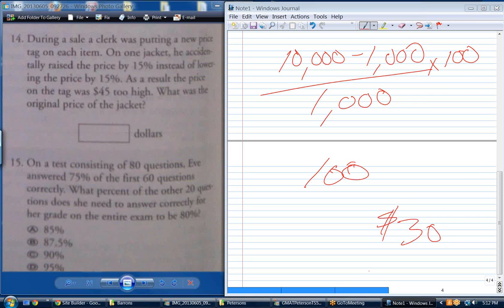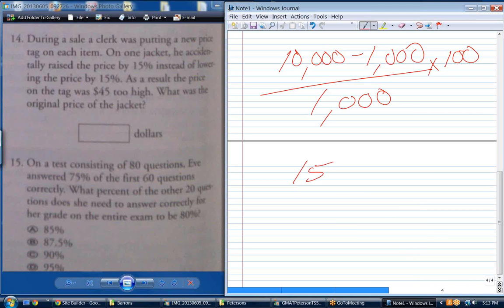So we need to go higher. If it was 200, it would be $60 too high. So what do you figure the price is going to be where it'll be exactly $45 too high? Maybe 150? Well, let's try 150. And that's the best way to do it, is kind of narrow in on it. It didn't take me too long to narrow in on 150.